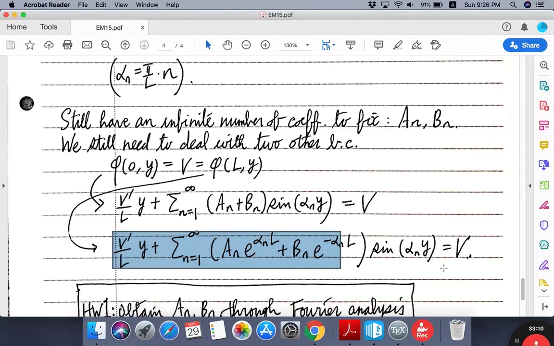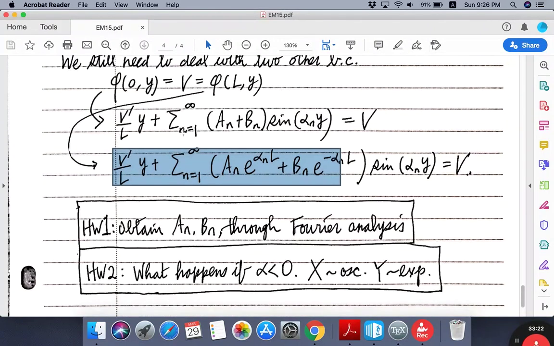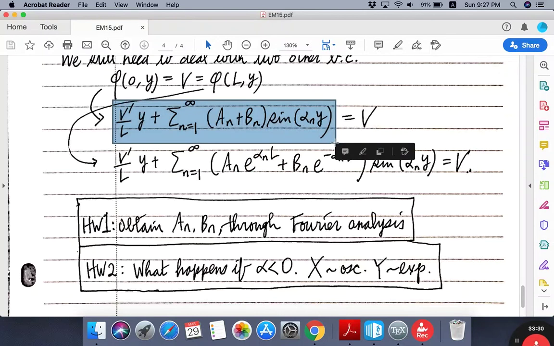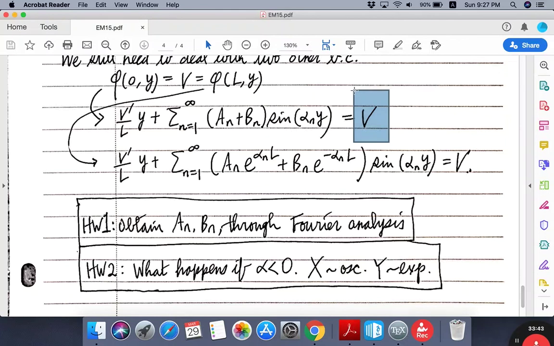And both of these sums better be equal to V. So what we have on the left hand side is a fairly complicated function of y, and another fairly complicated function of y, and yet the result after the summation over an infinite series is some constant V. Now you might be puzzled to see that this summation over many different harmonic functions, over many different frequencies, can somehow give you a constant value.